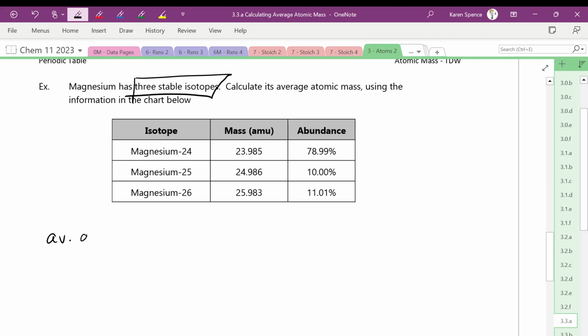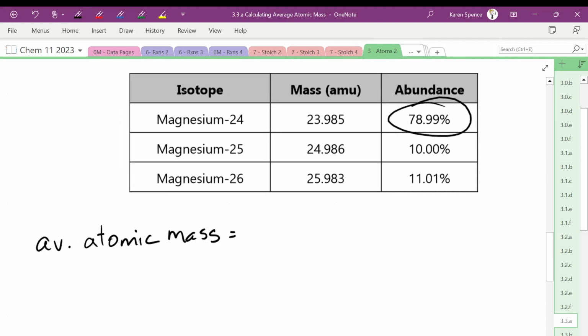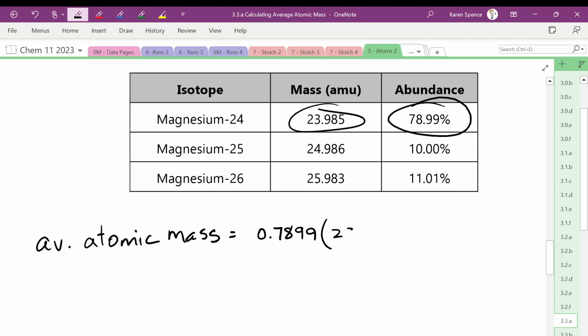So we are calculating the average atomic mass. And we have 78.99%, so 0.7899 times 23.985 AMU. So that's our first. That's magnesium 24.